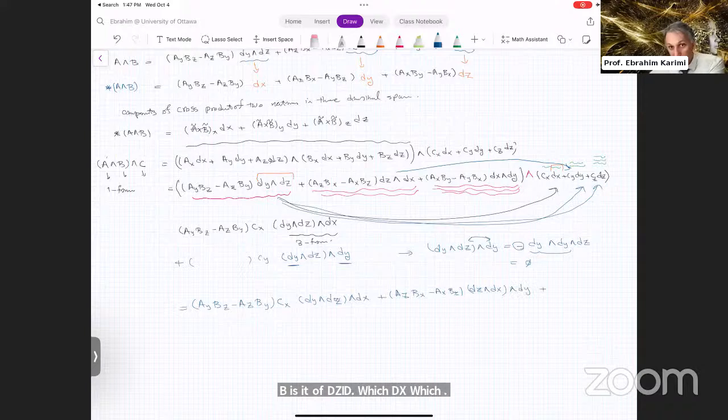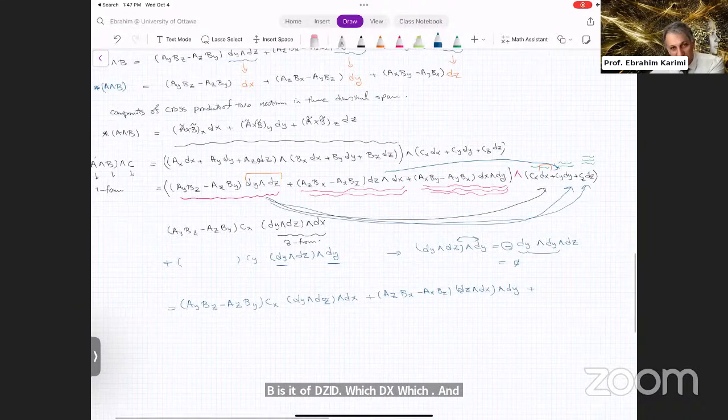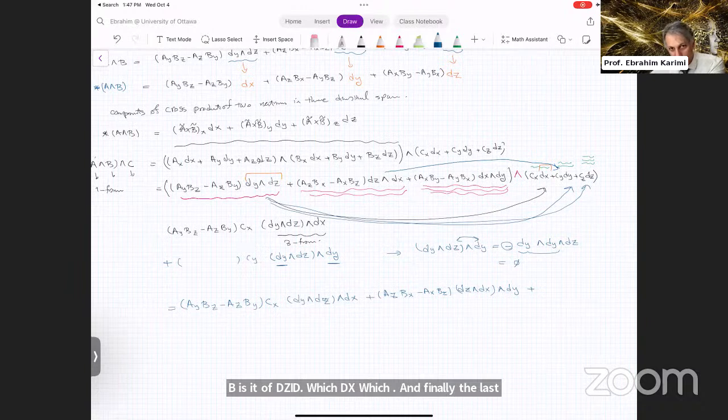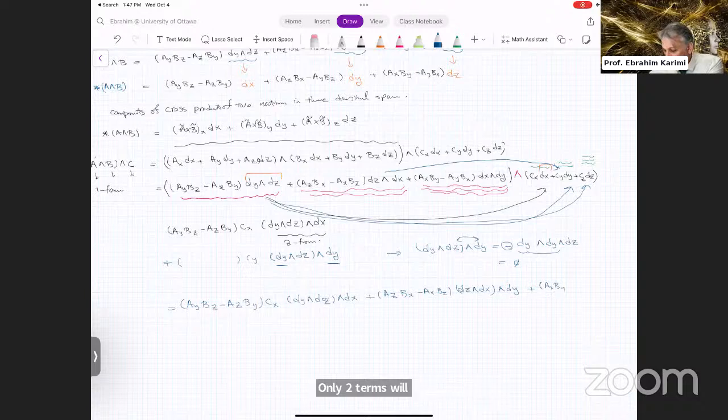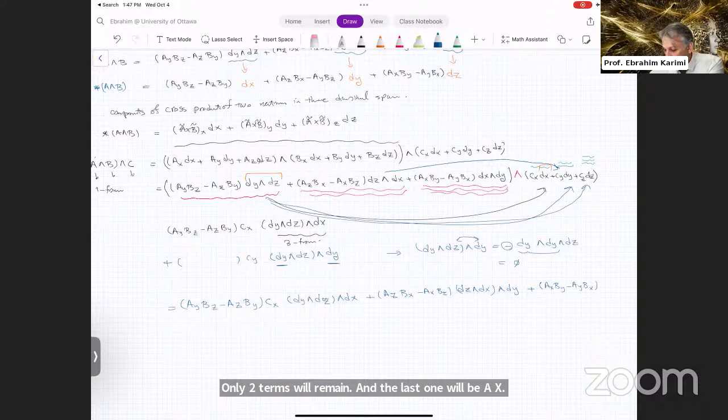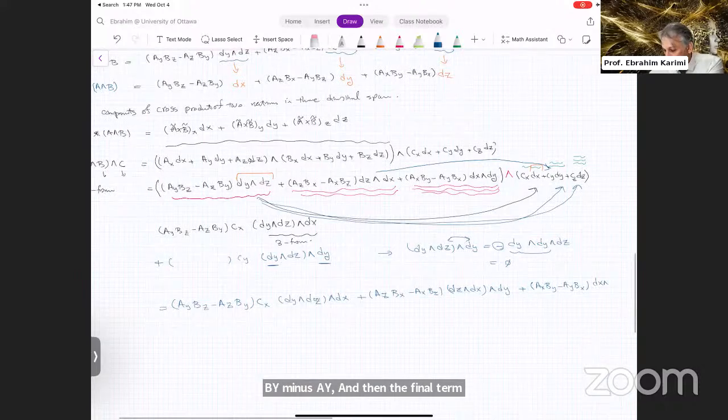And finally the last term, only three terms will remain, will be (AX BY minus AY BX), and then the final term is dx wedge dy wedge dz.